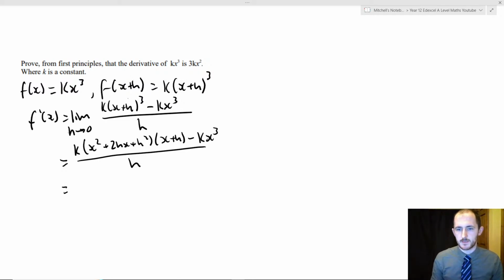And we can start expanding the brackets. Again, we have x cubed plus 2hx squared plus h squared x plus hx squared, plus 2h squared x plus h cubed. Just for those of you who know, I'm multiplying everything by x first, then multiplying everything by h.